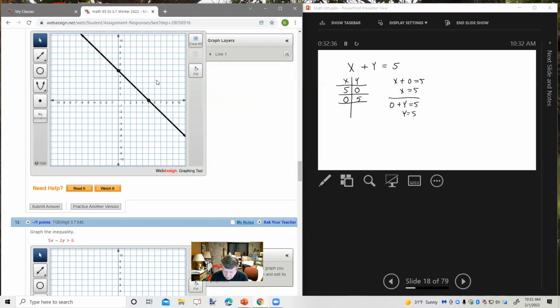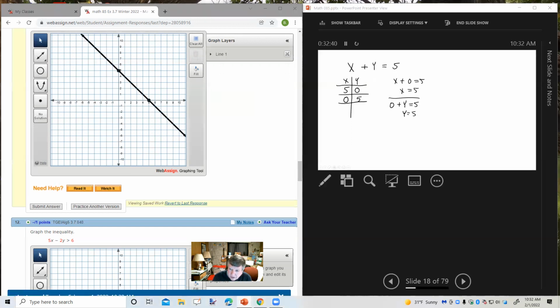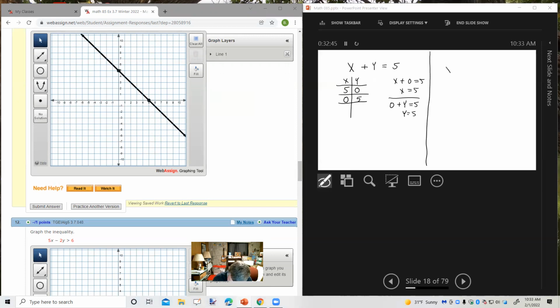All right. Now, instead, we're going to take a look at x plus y is greater than or equal to 5. Well, we already know what equal to 5 looks like, right? This graph over here is x plus y equals 5.